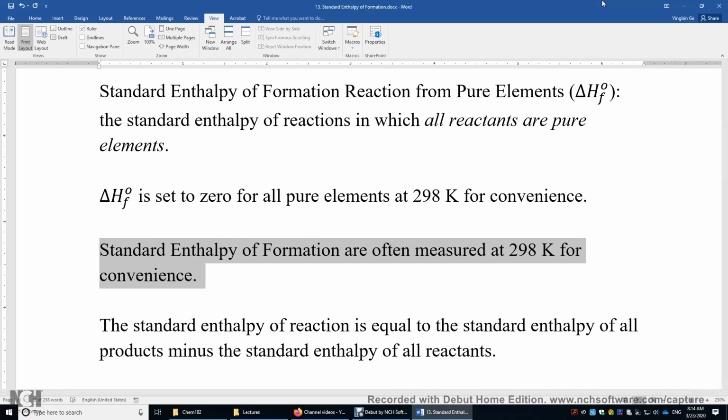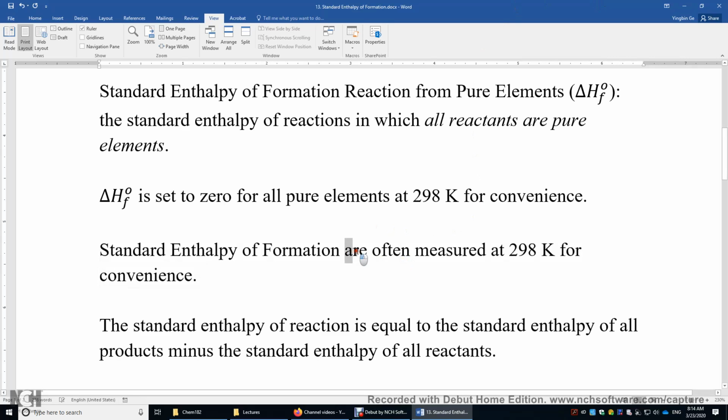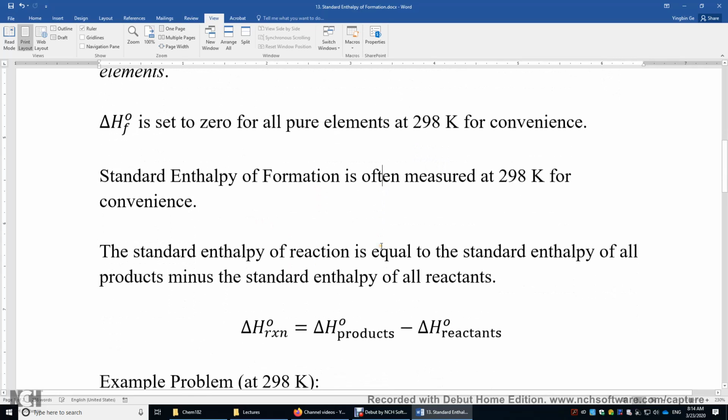The standard enthalpy of formation is often measured at room temperature, just for convenience. And again, it's defined to be 0 for pure elements at 298 K for convenience.